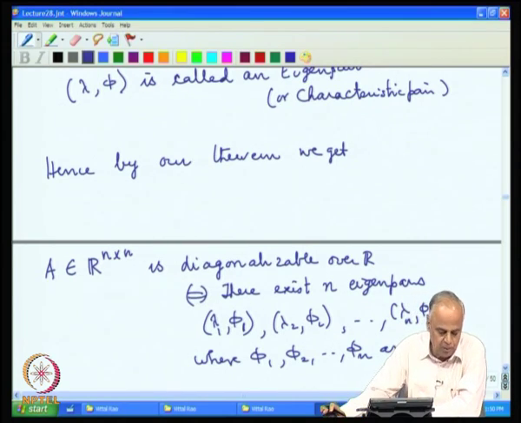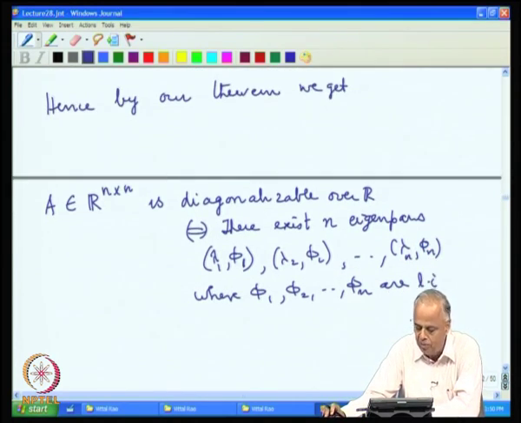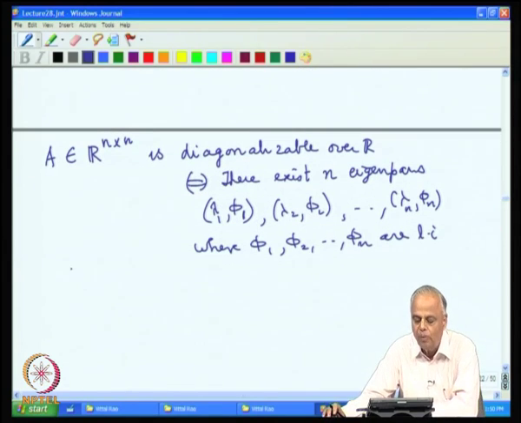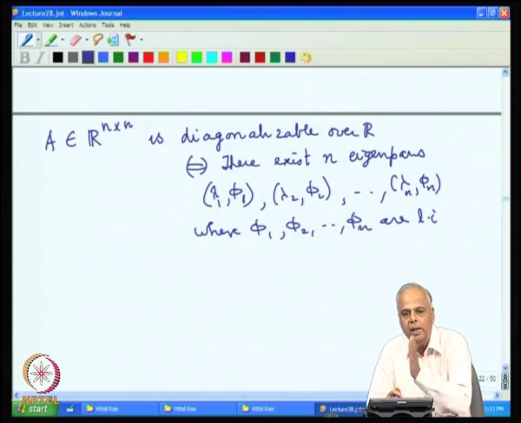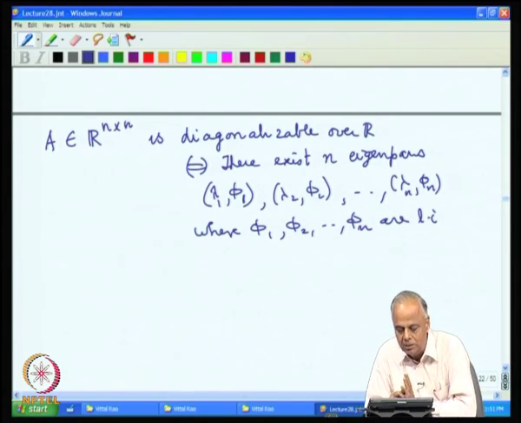Instead of p 1, p 2, p n, now I am calling them phi 1, phi 2, phi n. So, diagonalizability demands that you find n eigenpairs. If you want to diagonalize a matrix A, you find n eigenpairs in such a way that the eigenvectors coming out in these eigenpairs, the phi 1, phi 2, phi n, are all linearly independent.